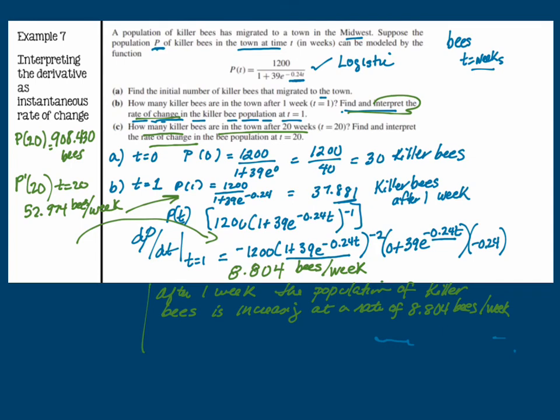After 20 weeks, the population of killer bees is increasing at a much higher rate, at a rate of 52.974 bees per week.